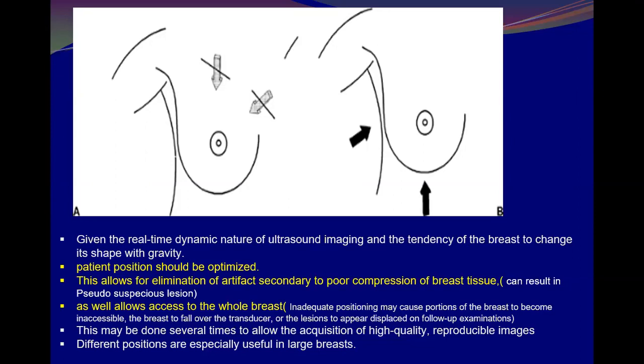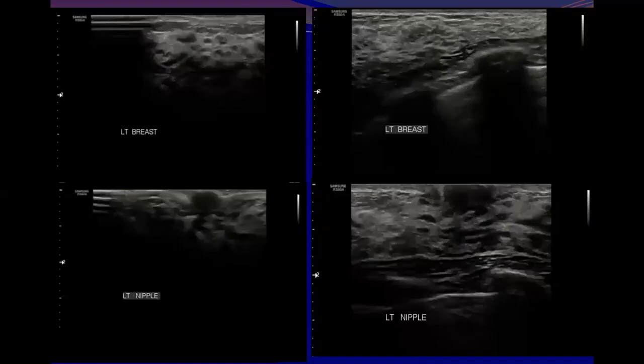Also sometimes when the breast is moving, it can fall on the transducer, and this can hinder part of the breast from being examined and affect the image quality. So by optimizing the patient position, we can obtain a high quality reproducible image. And the patient position can be changed many times during the study. Can you see the difference between these images?